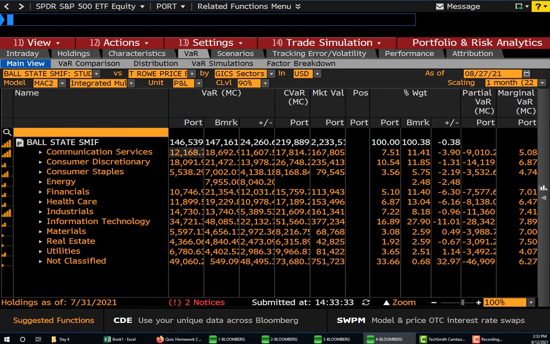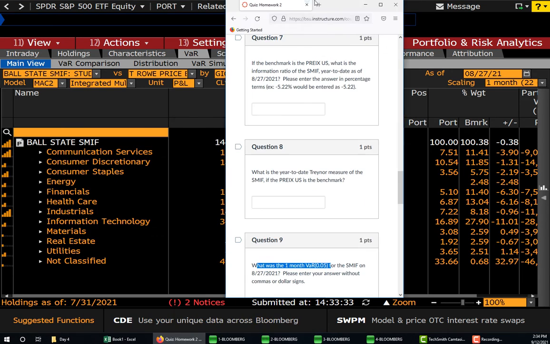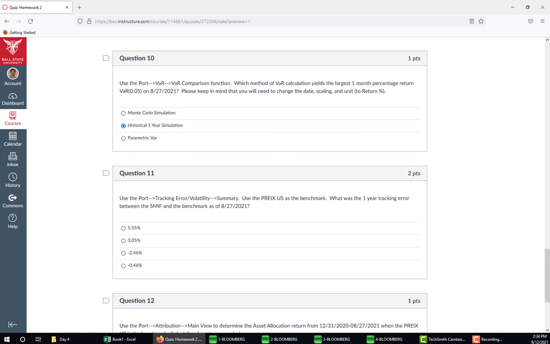And here we go. Our VAR indicates that over the course of a month, if we had a really bad month at the 5th percentile, we can expect our portfolio to lose about $146,000. So that would have been the correct answer.